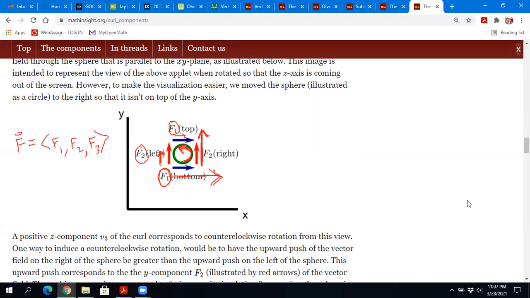So if I move from left to right, my vectors are getting bigger. So as X moves, the rate of change for my first coordinate function here is positive. Okay, the rate of change of that thing is positive in the X direction.